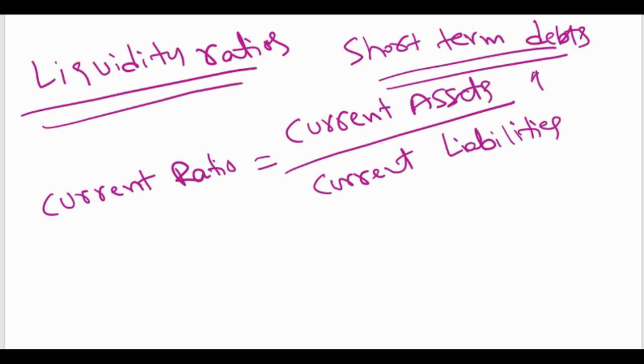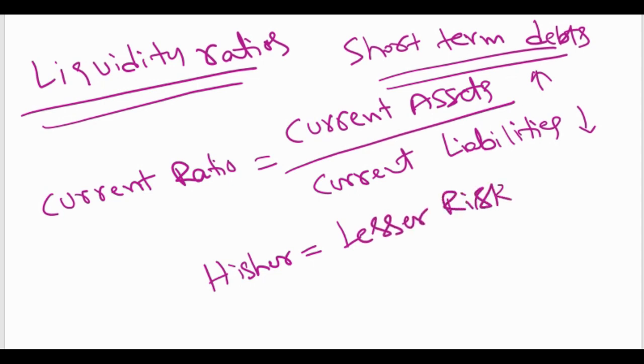Current assets should be higher and current liabilities should be lower. Then you will have a higher value. A higher value is lesser risk, right? So this is better for the company. So this is all about liquidity ratios.